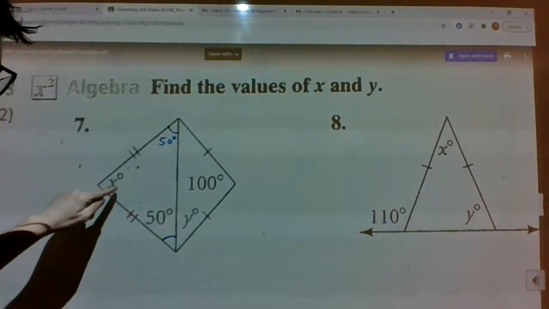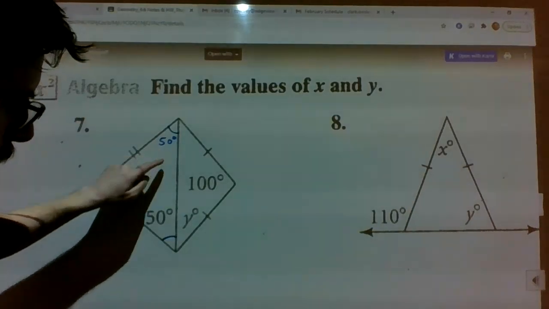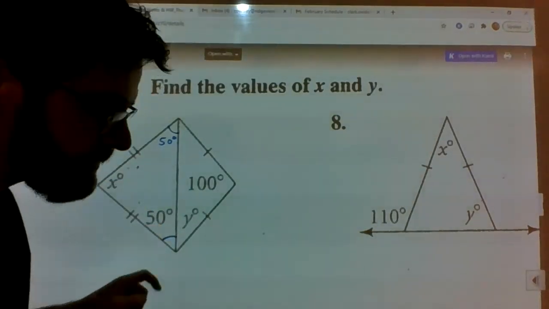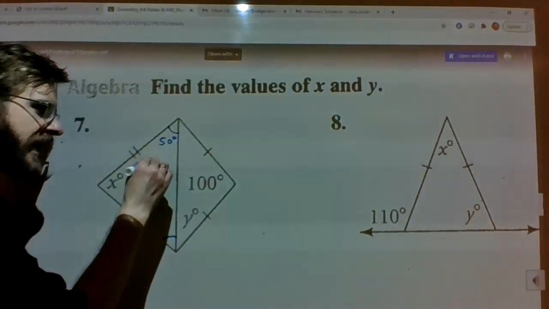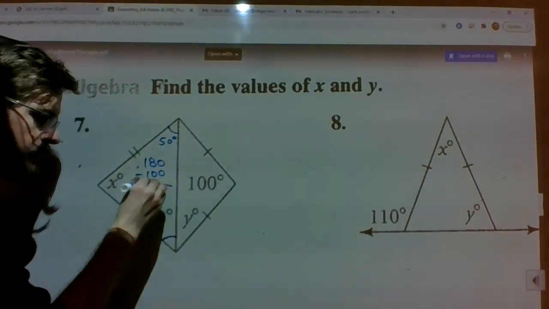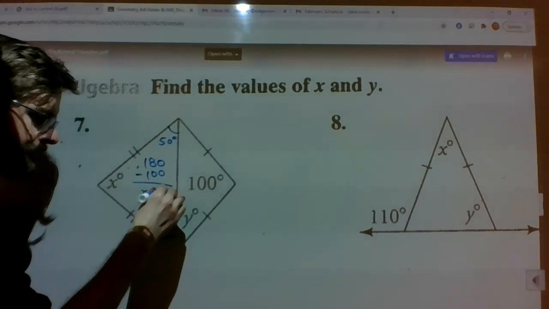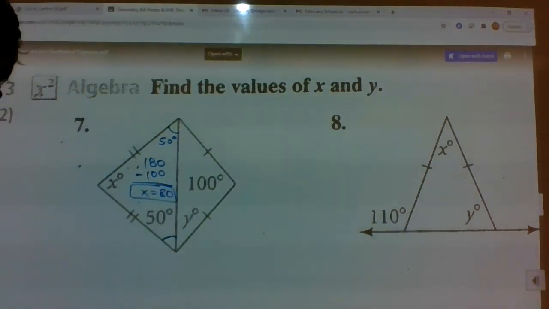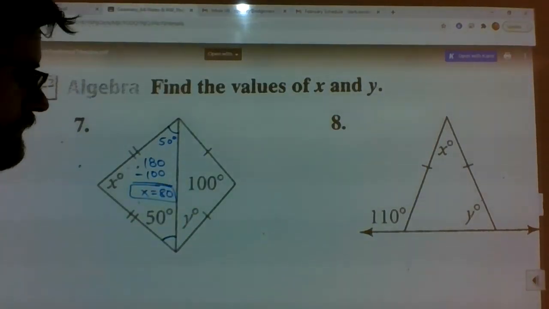Furthermore, x plus 50 plus 50 must add up to 180 degrees. So 180 minus 100 must equal x. It's that simple.